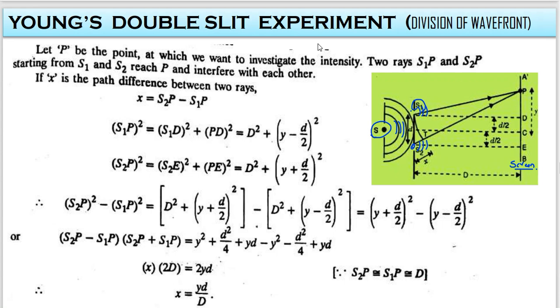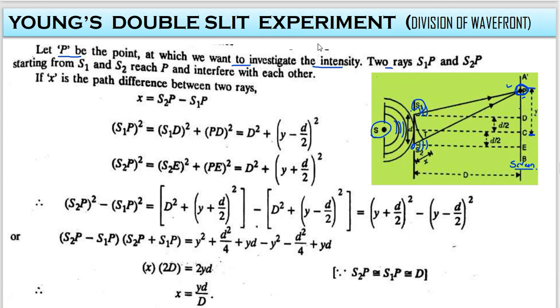Let P be any point at which we want to investigate the intensity. Here this P is the point at which we have to investigate the pattern. We can investigate everywhere, but for our convenience we choose that point P here, and that point P is at a distance y from the center C. This is the y distance.